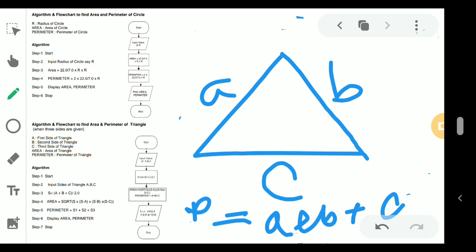But if you want to find the area, the formula is different. So what is the formula for the area?